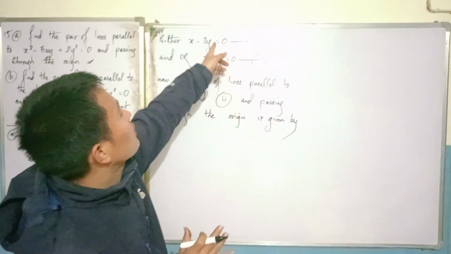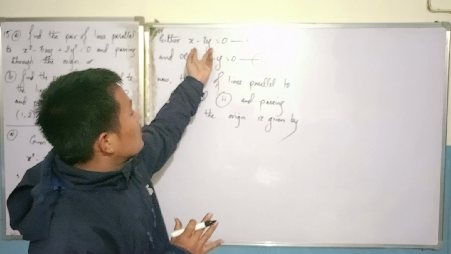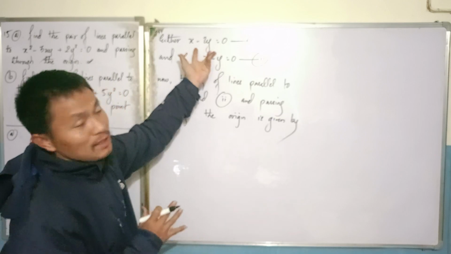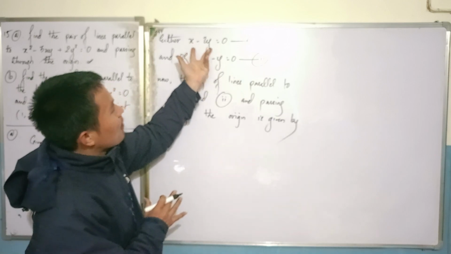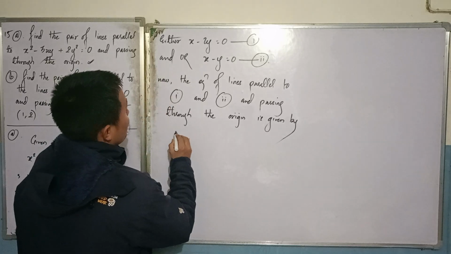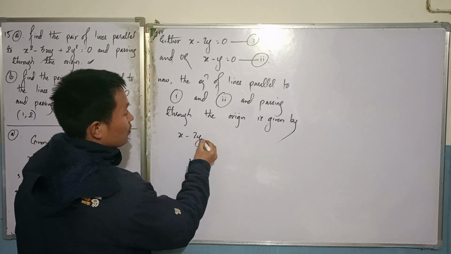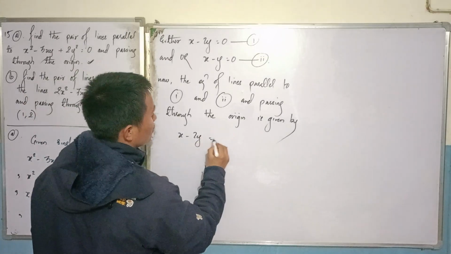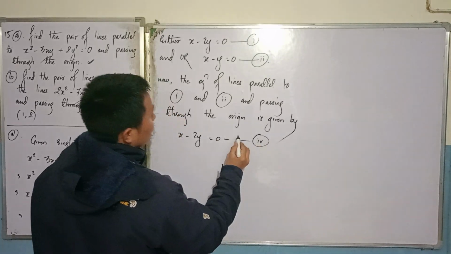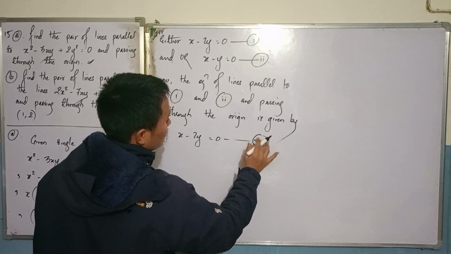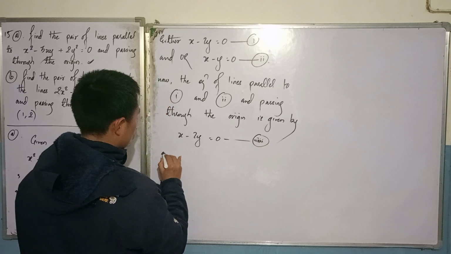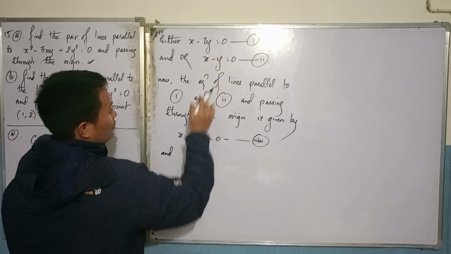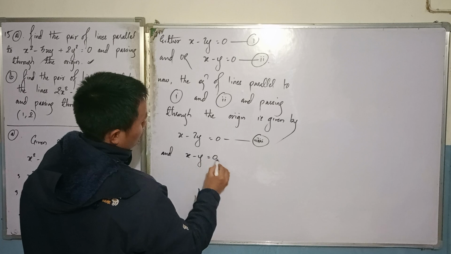Since it passes through the origin, it doesn't have the constant, just like this. The line that we have to consider which passes through the origin also will be the same. So the equation of line parallel to this I is given by x minus 2y. Since this part passes through the origin, it doesn't have that constant term, so x minus 2y equals to 0. Let's consider this as 3, and the equation of line parallel to this line will be x minus y is equals to 0.